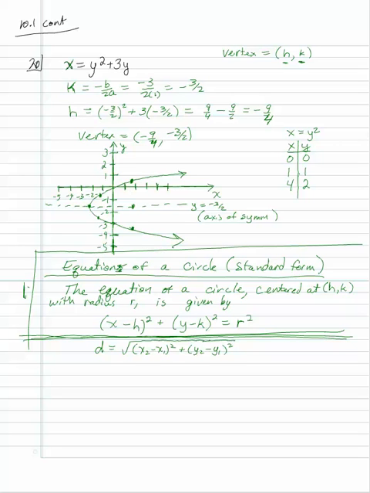And the definition of a circle is all the points that are equidistant from a given point. So that given point is, say, (h, k), which is the center. And say we want the distance to be r units. And we want all the points x and y that are r units away.